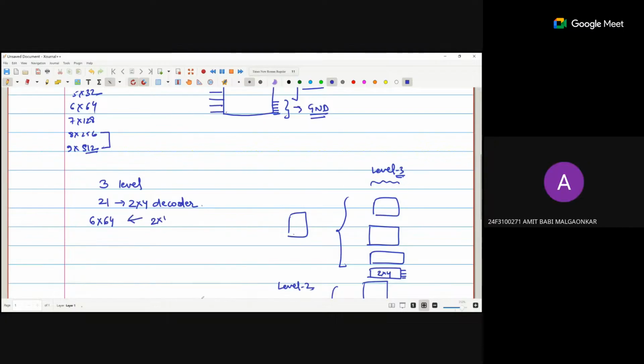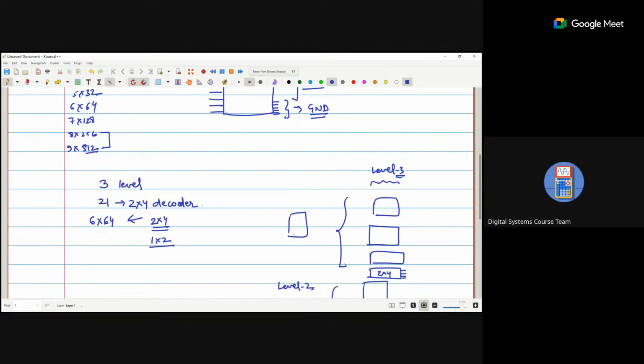I don't want to ask the question because it's a graded assignment question, so that's the reason I'm not giving it specifically. For example, you have to implement a decoder using 2 cross 4 and a smaller order decoder, 1 cross 2. Yes, we can implement that.